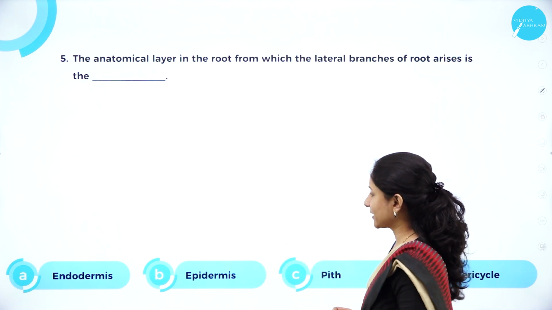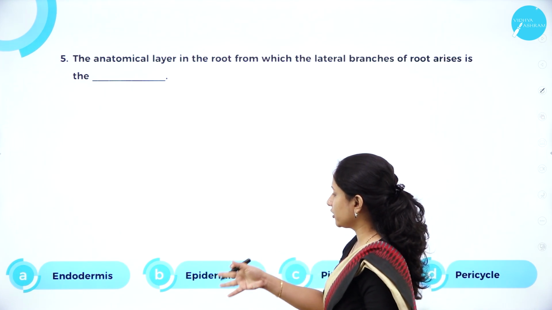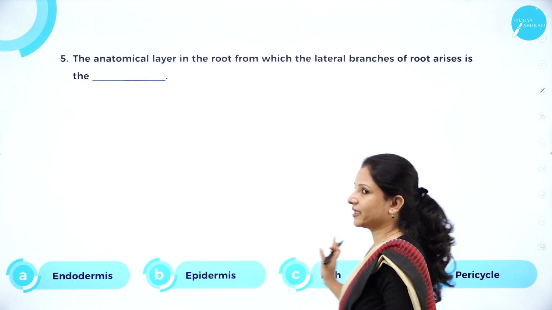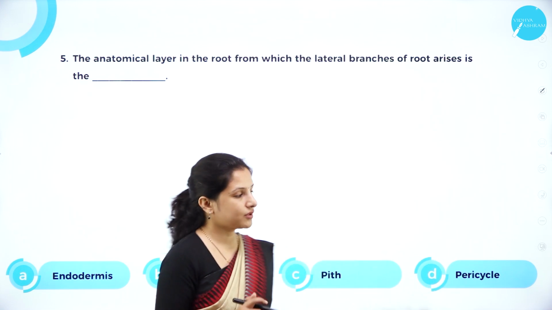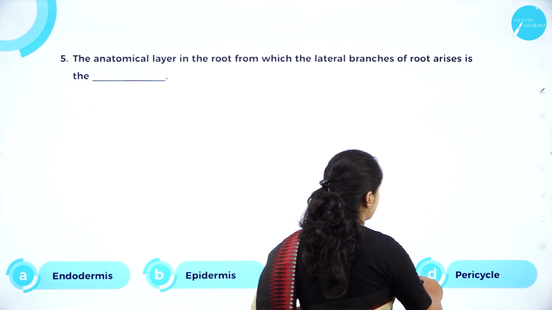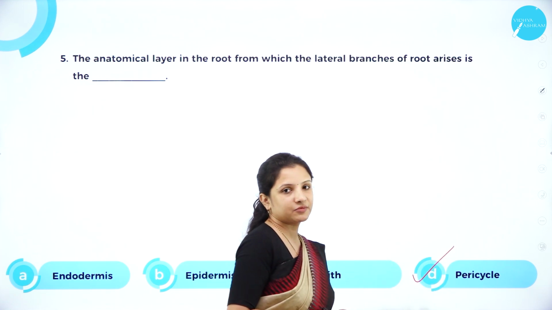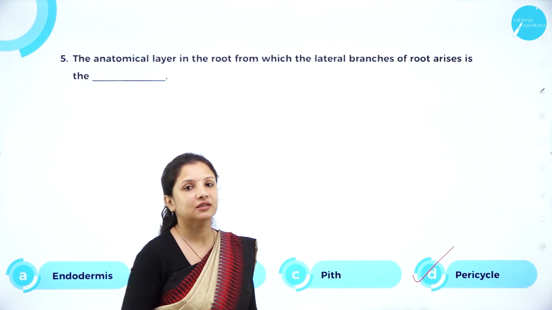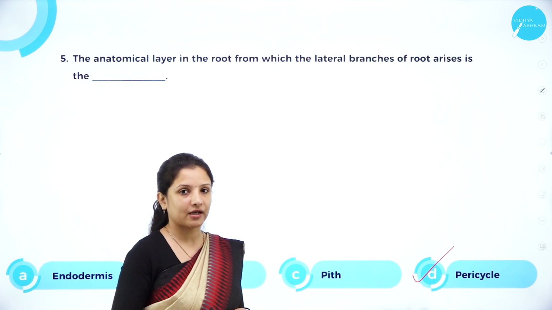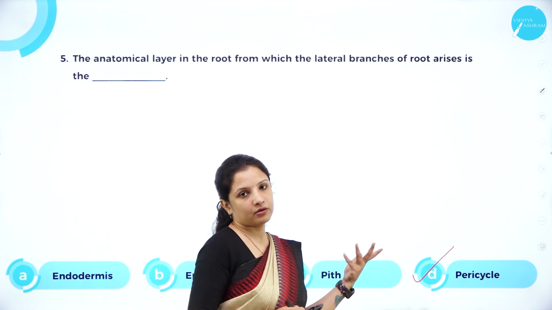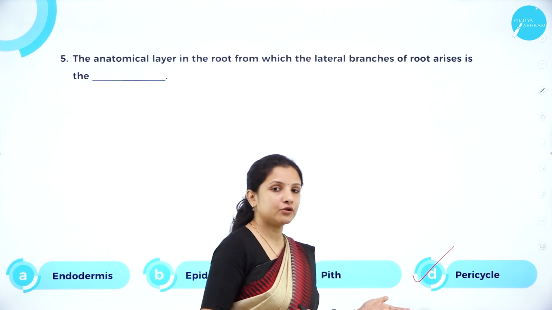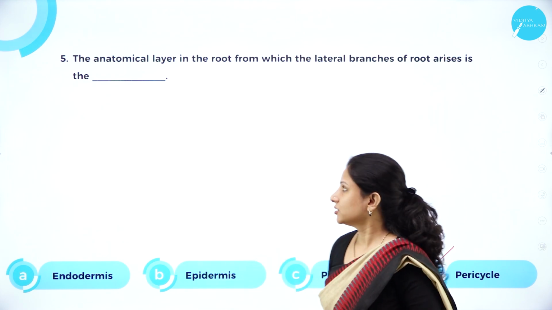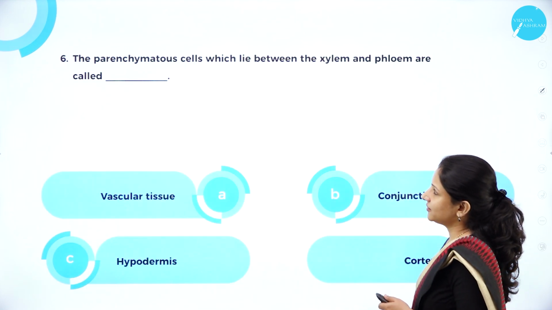So from where exactly do they develop? Does it develop from the endodermis, epidermis, pith or pericycle? The lateral roots usually develop from the pericycle, wherein some of the thick-walled parenchymatous cells present in the pericycle undergo modification to develop into the lateral roots. So option D is the right answer here.